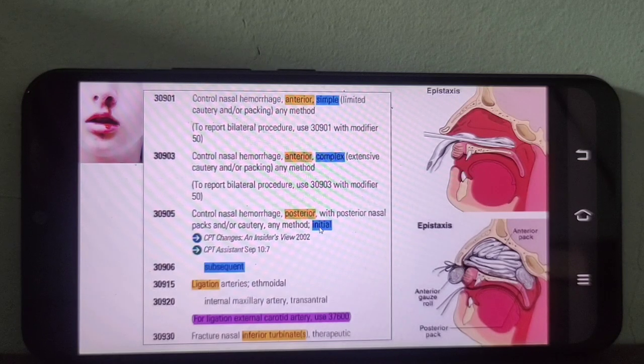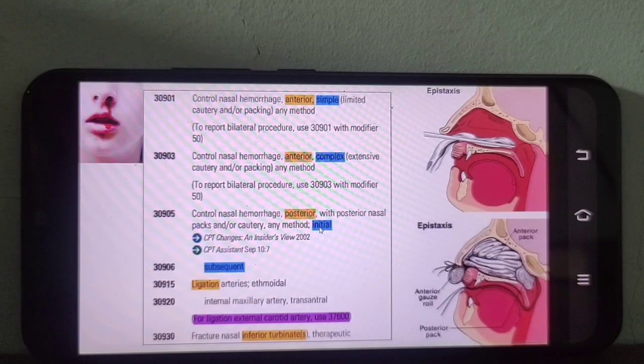Subsequent means for the recurrent condition, go for 30906. So first you have to check whether the epistaxis is anterior or posterior, then based on the classification, select the appropriate code.